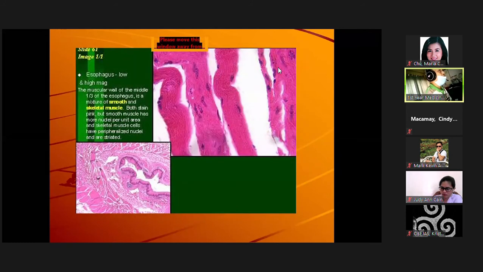Now the esophagus is one long muscular tissue, but take note that the first third of your esophagus is purely skeletal, while the middle third is a mix of skeletal and smooth muscles, and the lower third is purely smooth muscle.